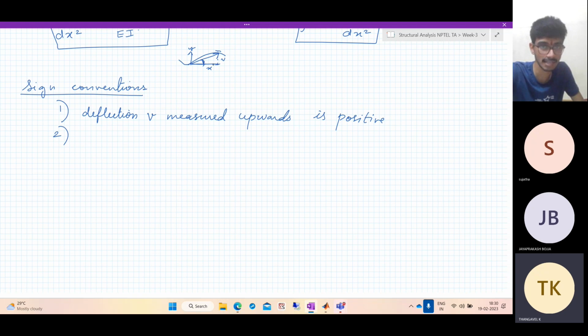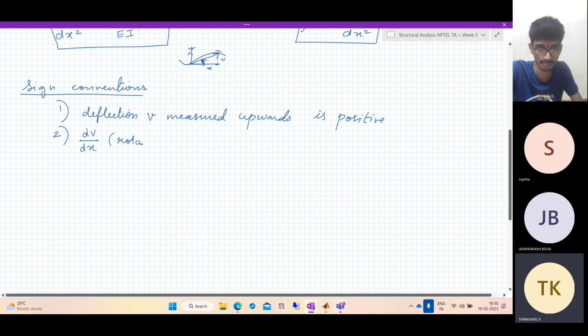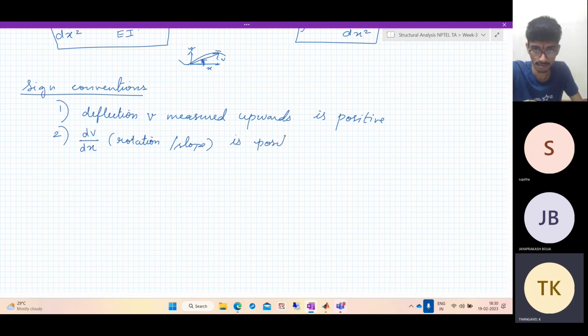That is positive if it is measured counterclockwise. So dv by dx, or the rotation or the slope, is positive when measured counterclockwise.